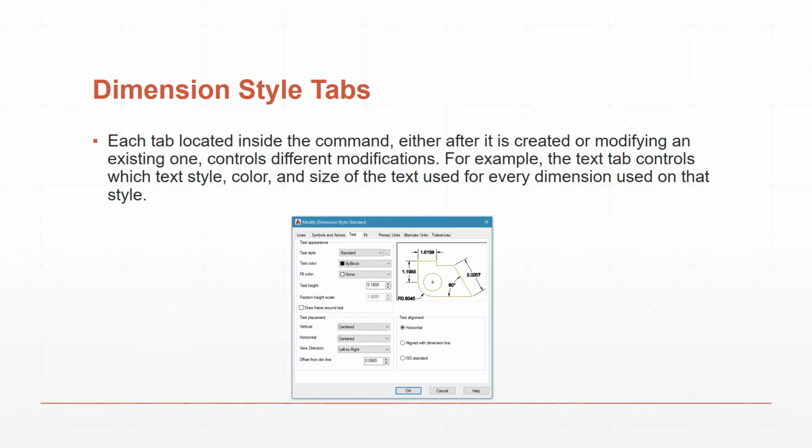For example, the first tab controls the lines, the second one controls your arrows, text. The most important one, in my opinion, is the fourth tab, which is the fit, and I'll tell you why. Then you've got the primary units, alternate units, and tolerancing. We're going to discuss tolerancing a little bit later. But you have all these different options to control everything that you want about a dimension.